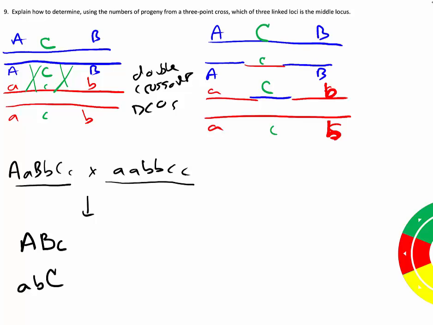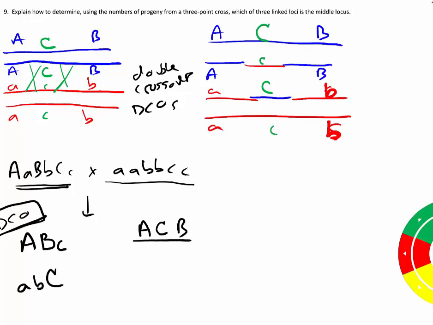If we went from this configuration to our double crossovers like this, the thing that's different is the thing that was originally in the middle. So that tells us that we started out with that, and we can actually now put C in the middle. We'll have to tell you how you figure out which ones are double crossovers.